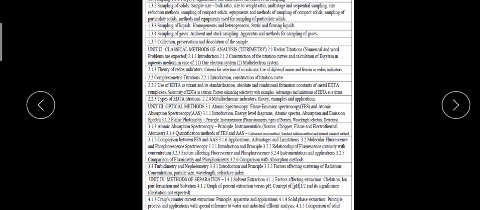That we have already discussed, but before starting this unit, I am again revising this part. First of all, you know what redox reactions are. Redox reactions are those reactions in which oxidation and reduction take place simultaneously.